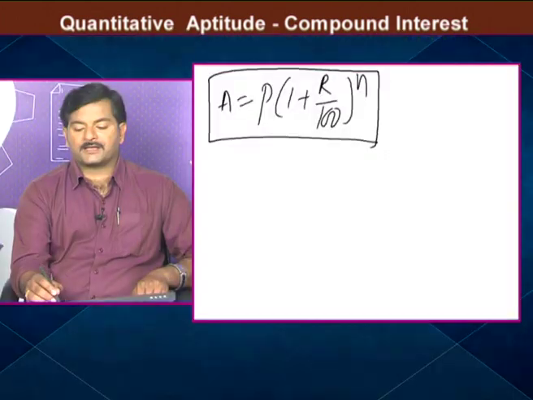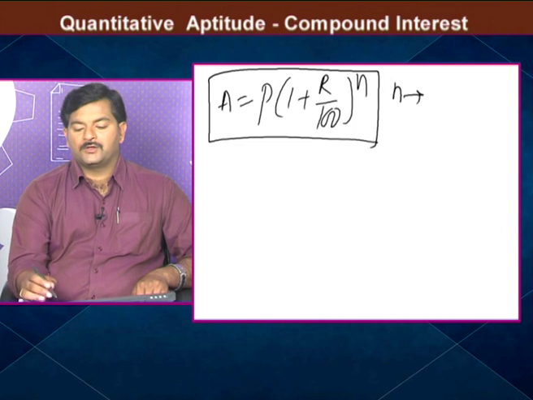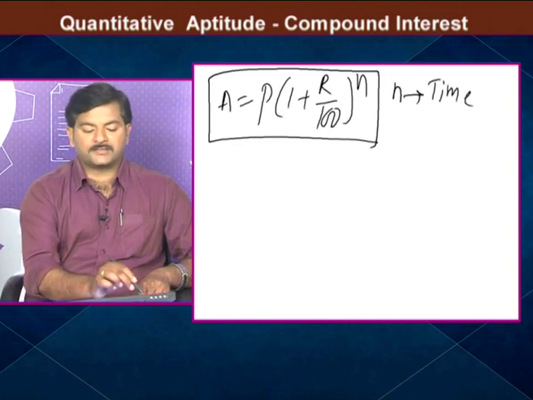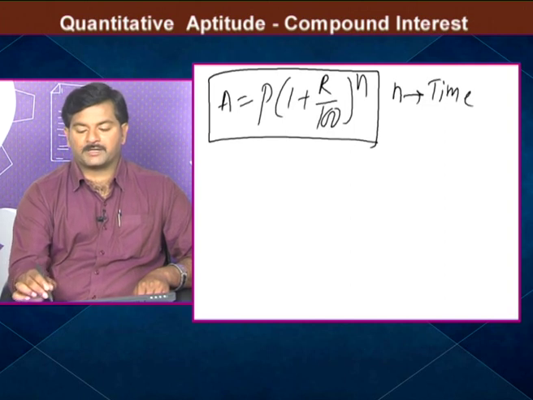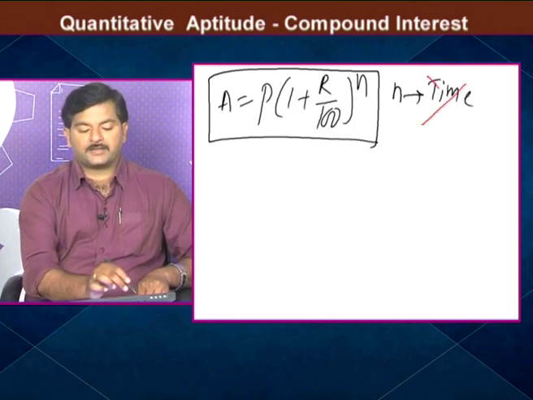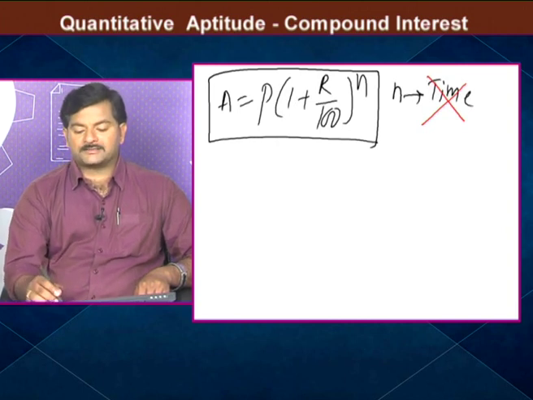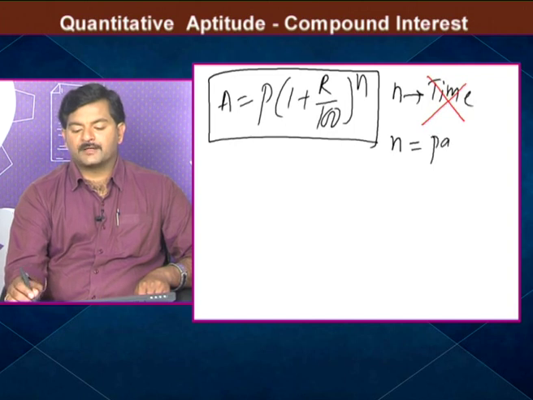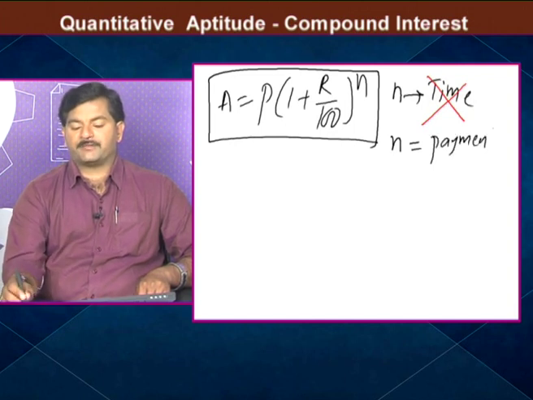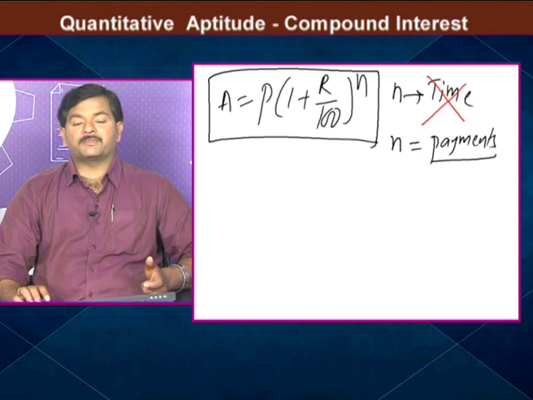Remember here n is not time. Usually everybody will think that n means time, but remember n is not time. Here n is nothing but number of periodic payments. What does it mean?